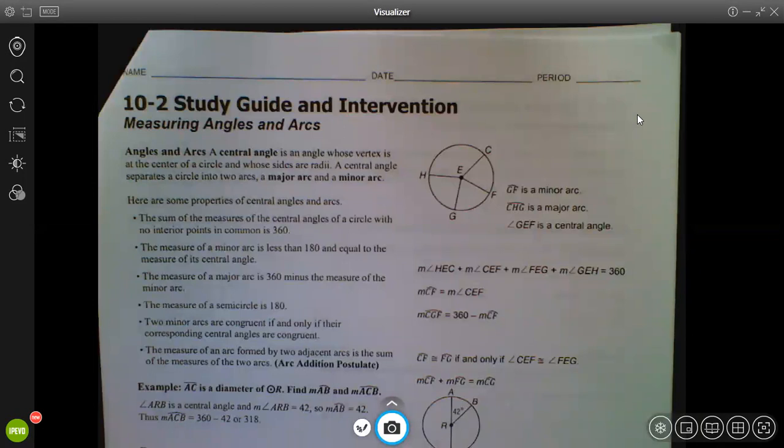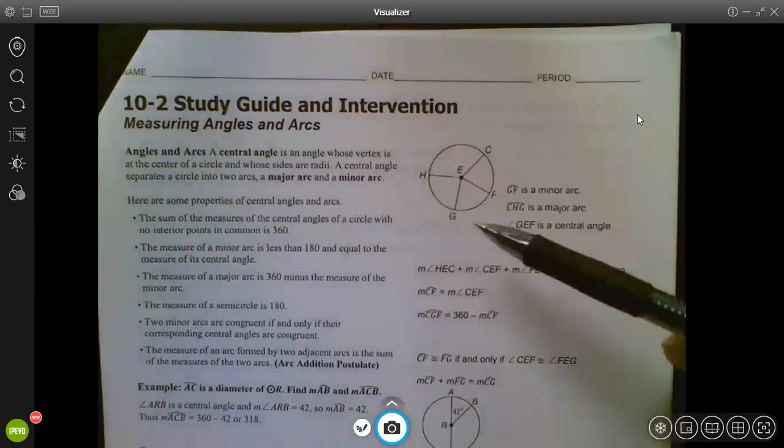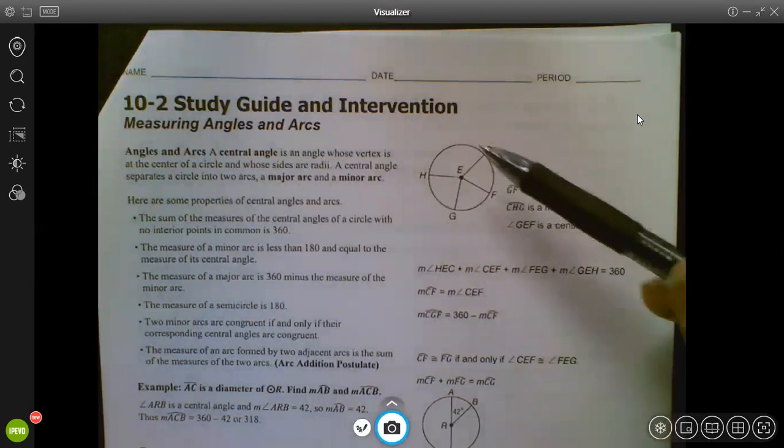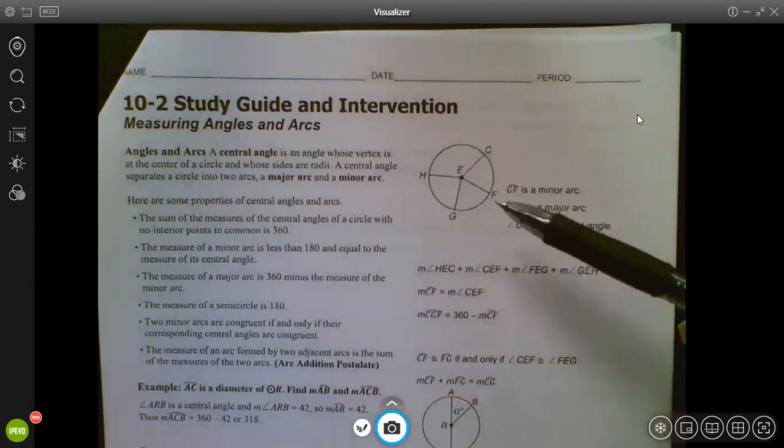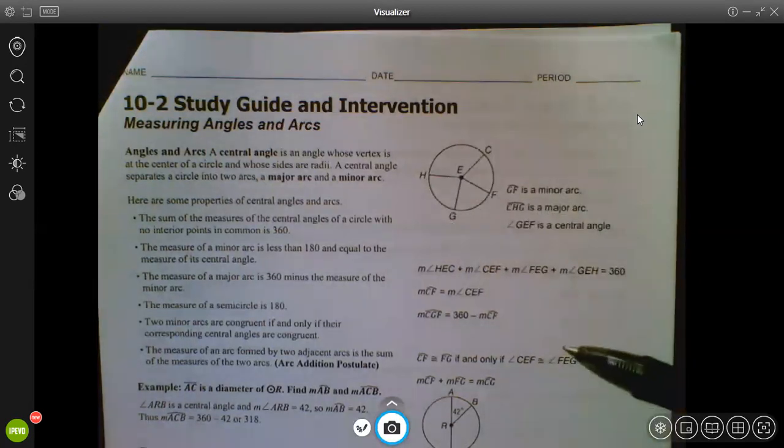But otherwise, we're going to be going through this first page, and then we have a backside to this as well, where we're going to take a look at arc length. So far, pretty much the main thing that we looked at in lesson one, as we just started introducing circles, was just a couple of main ideas, such as we know the degrees around one full circle is 360 degrees.